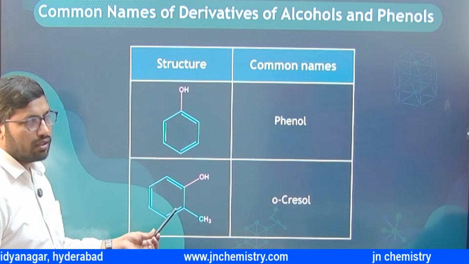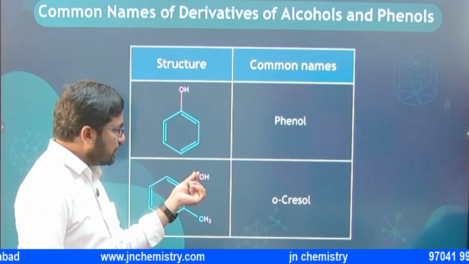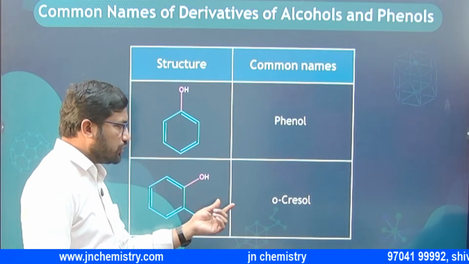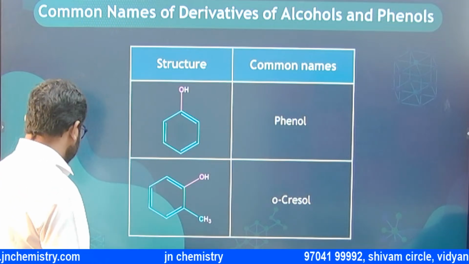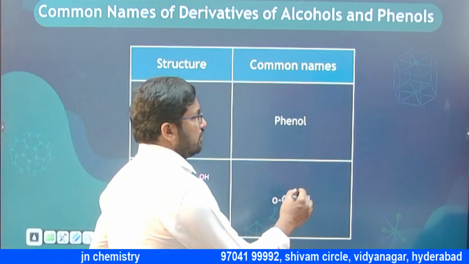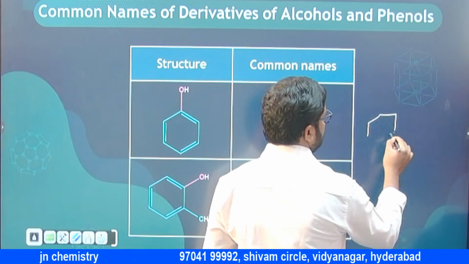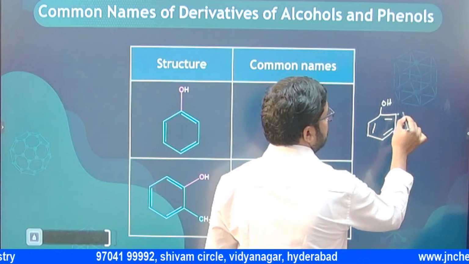Phenol, right? So cresol: for example, OH and CH3 at the ortho position is orthocresol; metacresol and paracresol are also possible. Write it down. Cresol. Ortho: for example, OH, CH3.